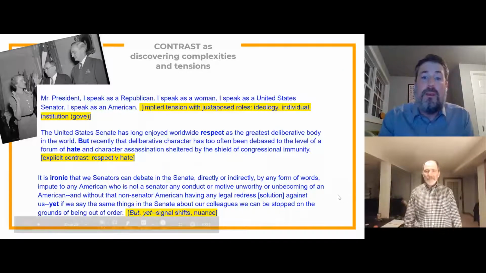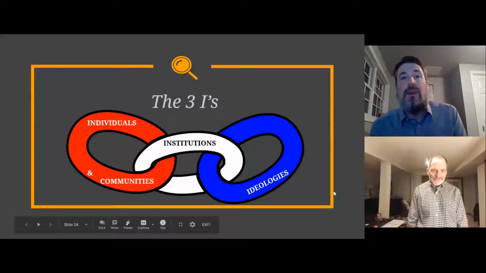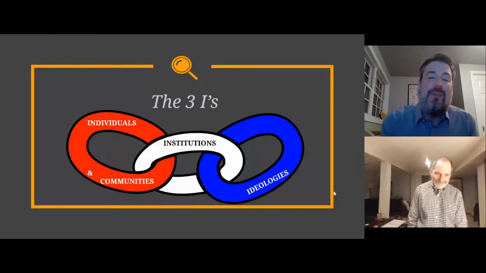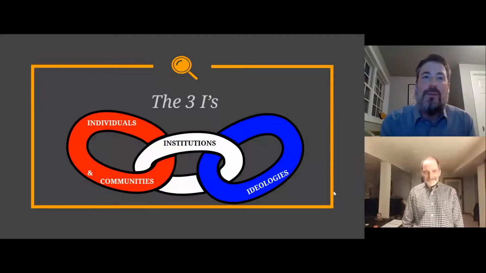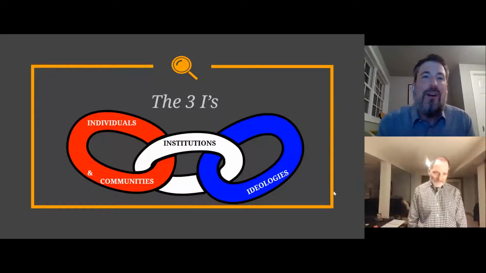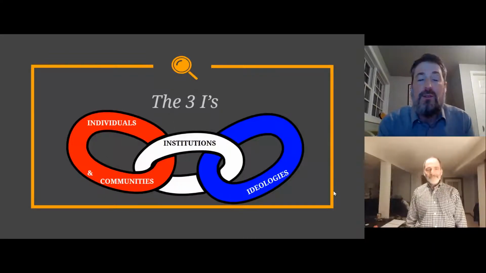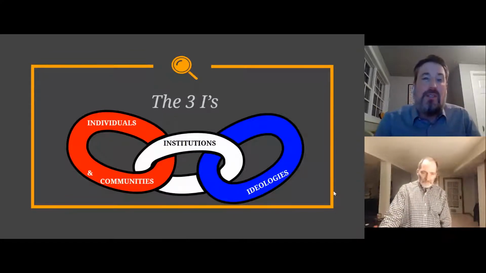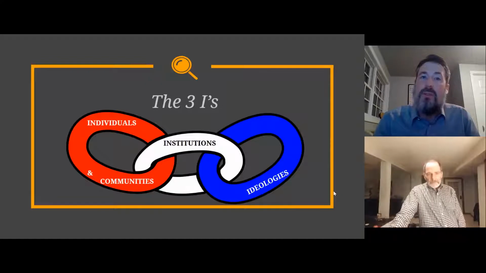So, thank you. And then one of the things that both of us have used in recent years is this concept of the 3 I's, which I learned sitting in on one of Steve's seminars, and I've just taken it and use it all the time with my students. Thinking again about complexity and tensions, and not trying to narrow it down to simple binary responses, right and wrong.